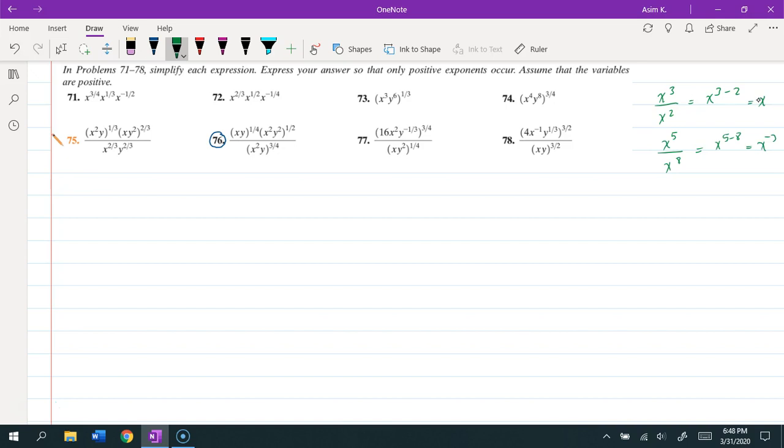So you would need to change that to a positive exponent by saying this is 1 over x cubed. Recall that technique works very well when you say, well, there's 5 x's in the top, 8 in the bottom, so if 5 from the top cancel with 5 from the bottom, I'll be left over with just 3 in the bottom.